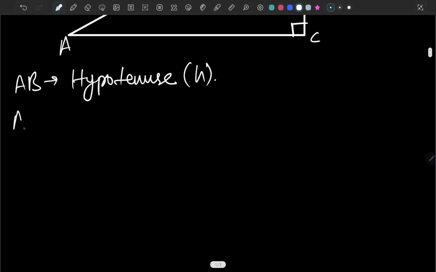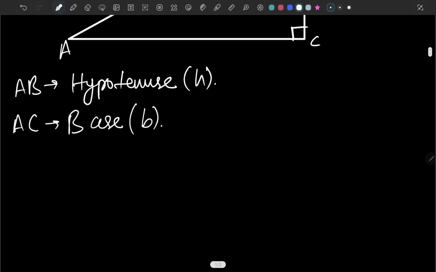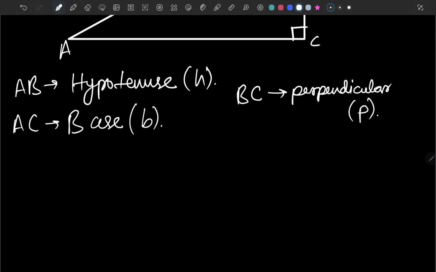So AC is your base, which would be denoted with B. And in your triangle ABC, the BC side is called the perpendicular because this is the side which makes a 90-degree angle with the base, so it would be denoted with P, right?